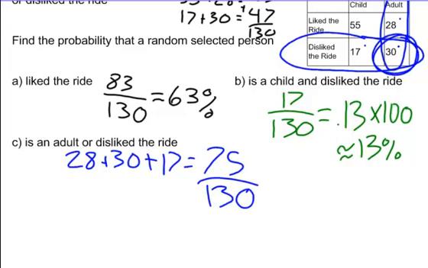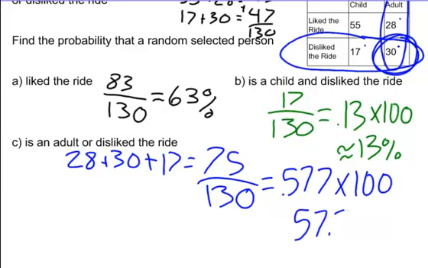We get 75 people out of 130, which is roughly 0.577. And if you multiply that by 100, we get 57.7%.